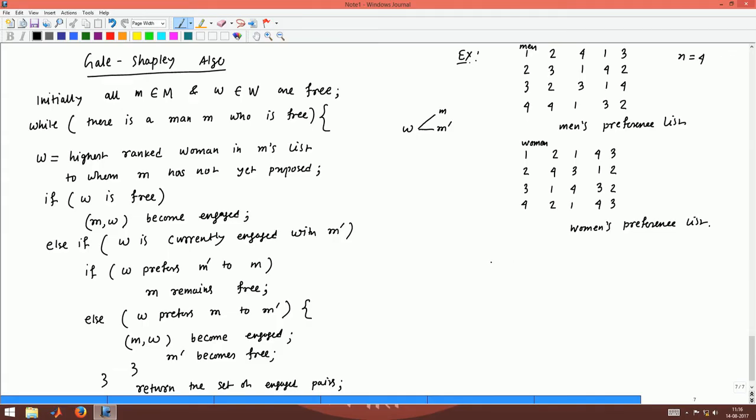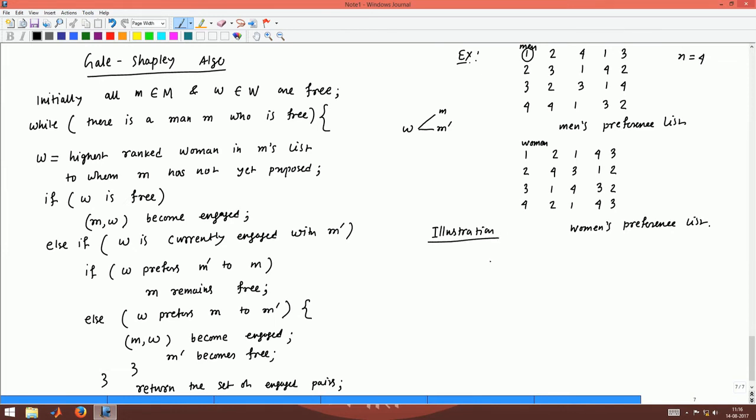Then the while loop says that while there is a man m who is free, well, man 1 is free at this moment. So, we will start with man 1. I am just trying to illustrate this algorithm using this example.